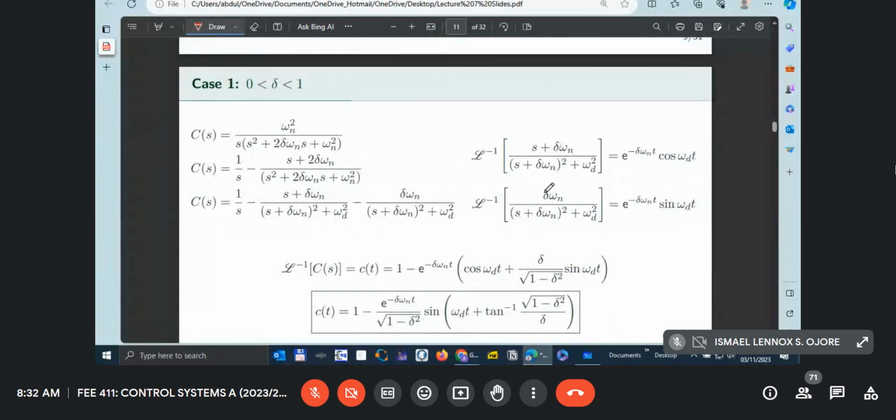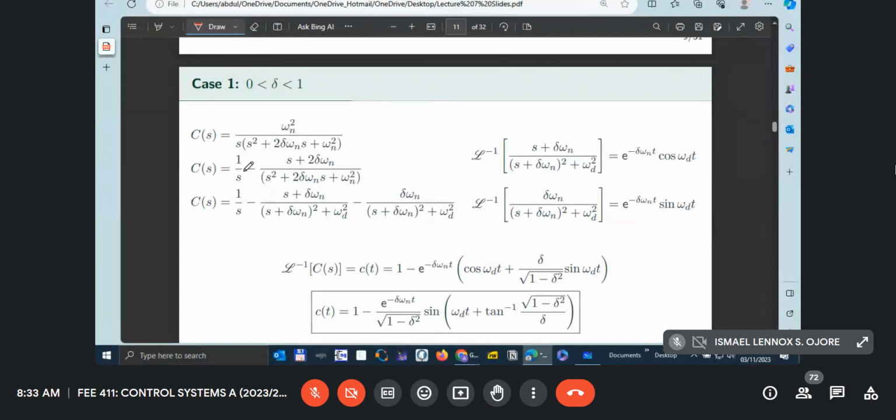So for the underdamped case, where delta is less than 1, we can rearrange our equation C(s) in this form here. When you simplify this, you'll see that it is actually in that form.